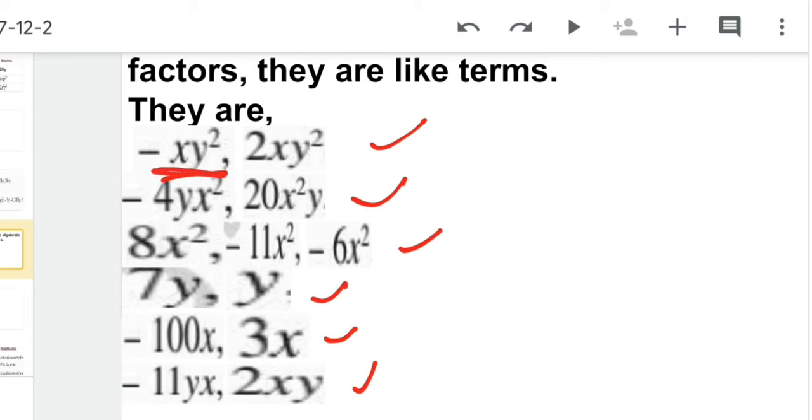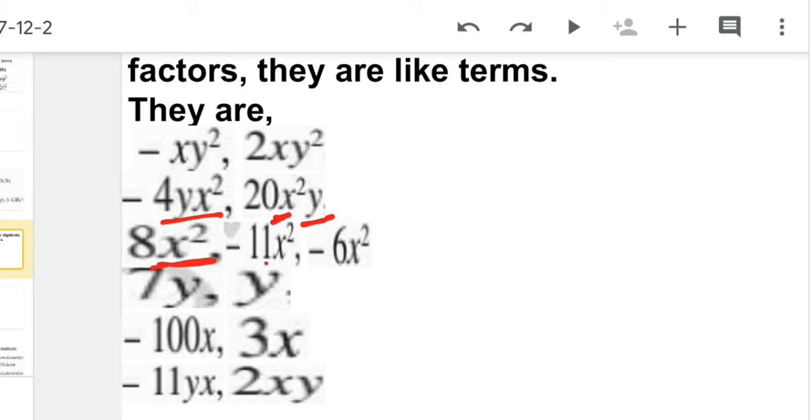You can see the algebraic factors of these terms: xy square, yx square, x square y, xy.